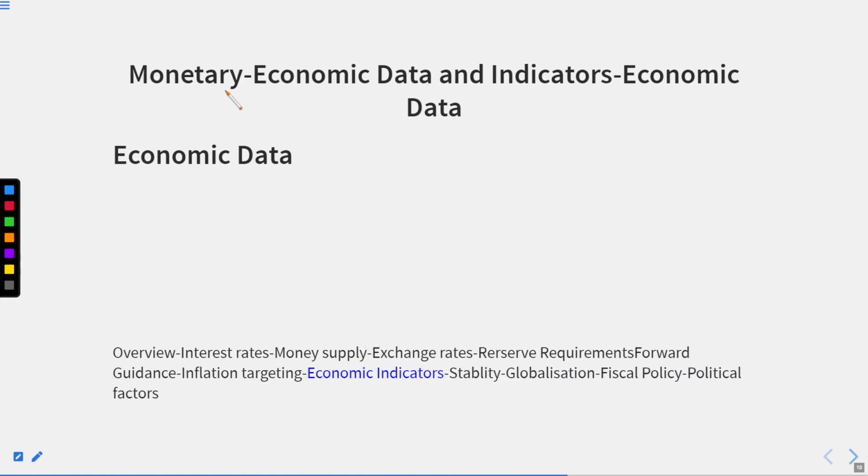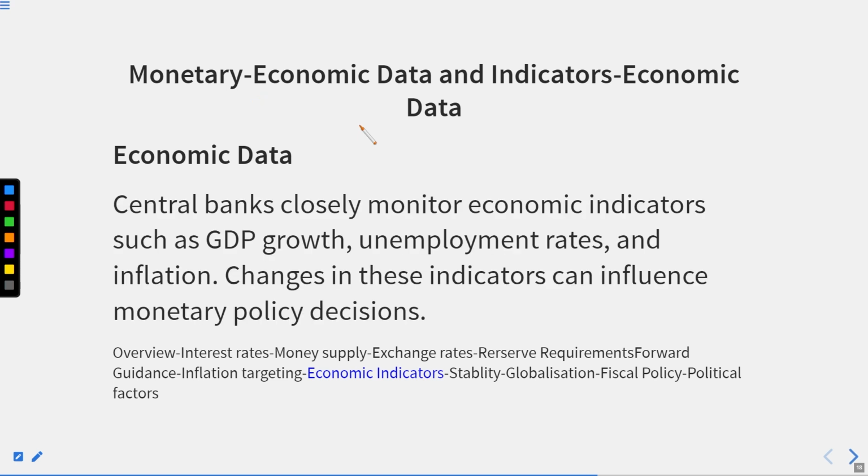Thereafter, we have economic data indicators. Central banks closely monitor economic indicators such as GDP growth, unemployment rates, and the inflation level. Changes in these indicators can influence monetary policy decisions. This is very, very important. Suppose there is a low GDP growth rate and high unemployment rates, generally what will happen? The central bank increases the inflation. Why?